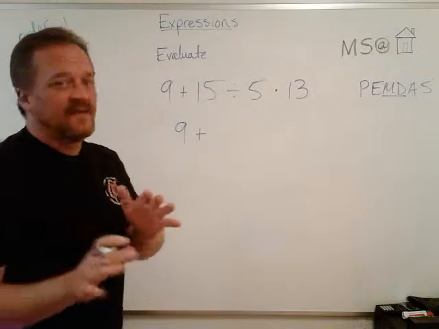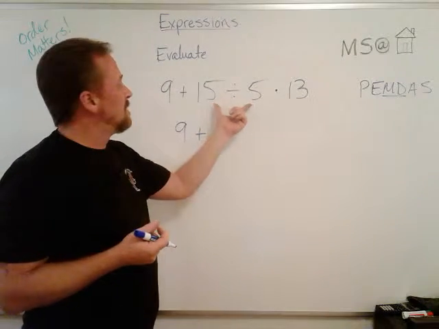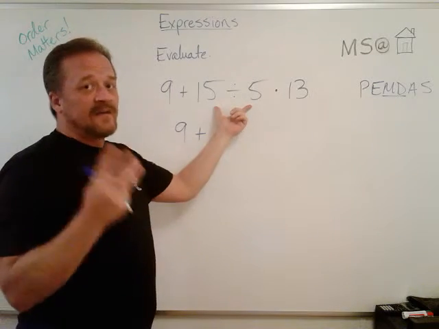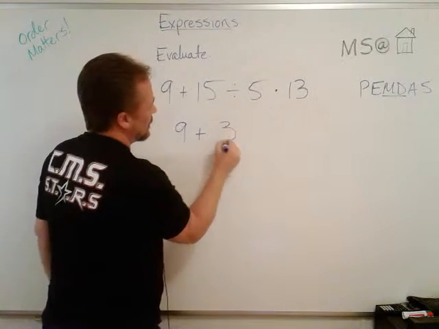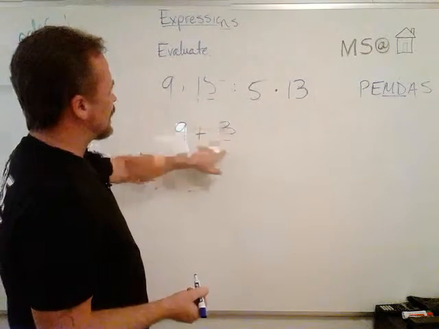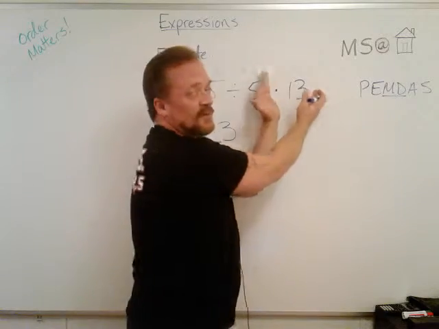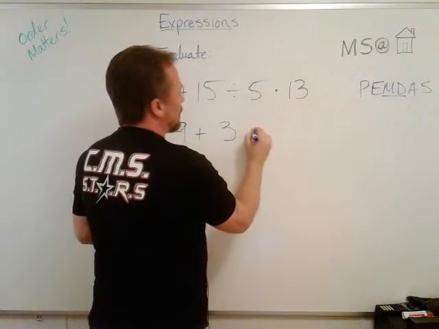The only thing that I'm going to change is the operation that I'm doing first. So 15 divided by 5 is 3, okay? So I will write 3 here. So 9 plus 3. And I haven't changed multiplication either. I haven't done anything with this yet. So I rewrite this.